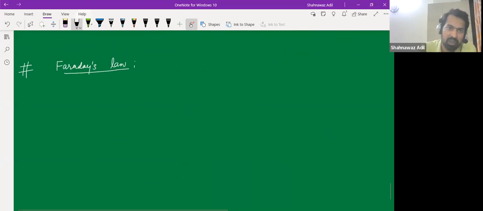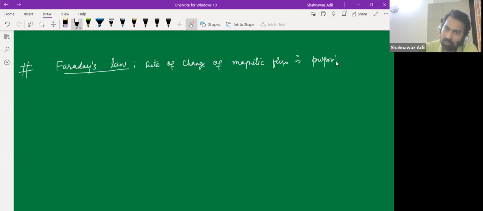So now we already know what Faraday's law is. It says that the rate of change of magnetic flux is proportional to the induced voltage.